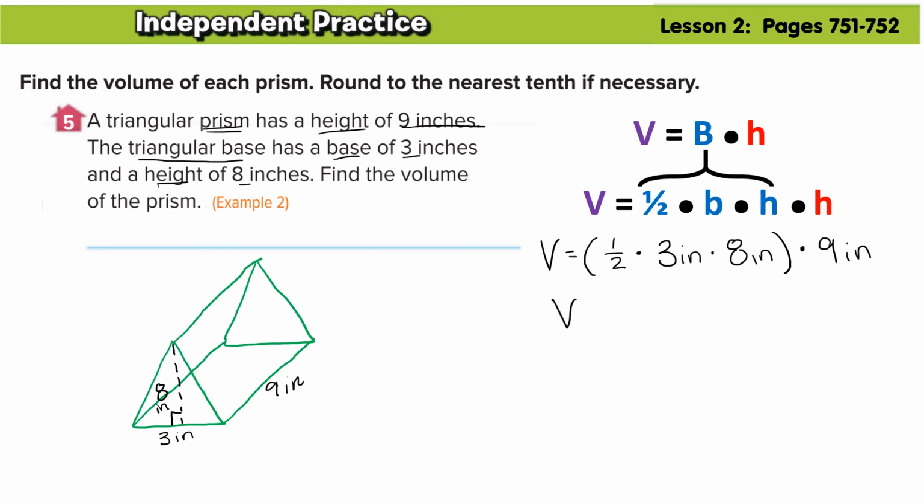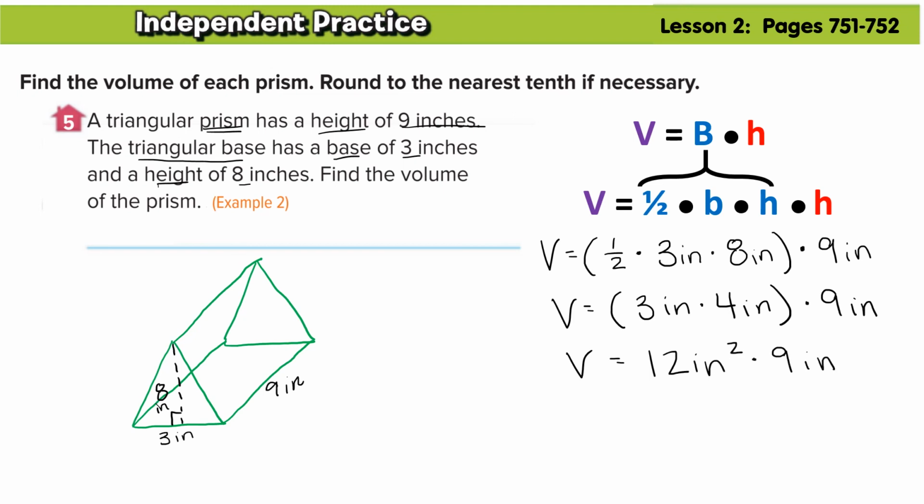So I'm going to multiply 1/2 times 8 because that's easier. So we have 3 inches times 4 inches times 9 inches. Then I have volume equals 12 inches squared times 9 inches. So the volume equals 108 inches cubed.